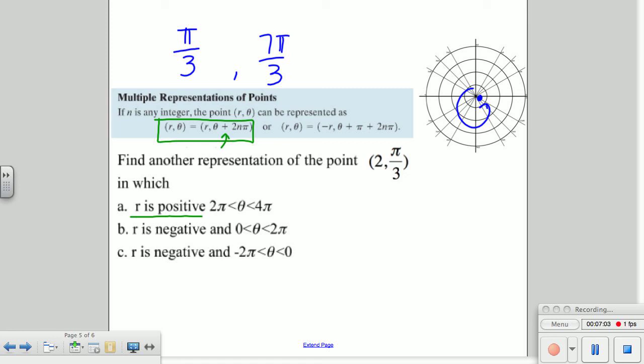So if I take 2 pi over 3 and add 2 pi to that theta, I'm going to get a bigger angle that's going to be in the same position. I want to change 2 pi to be a third, so we're going to change this to 6 pi over 3 to have common denominators. And I end up with the point 2, 7 pi over 3. Now 2, 7 pi over 3 and 2, 2 pi over 3 are exactly the same. They end in the same position.